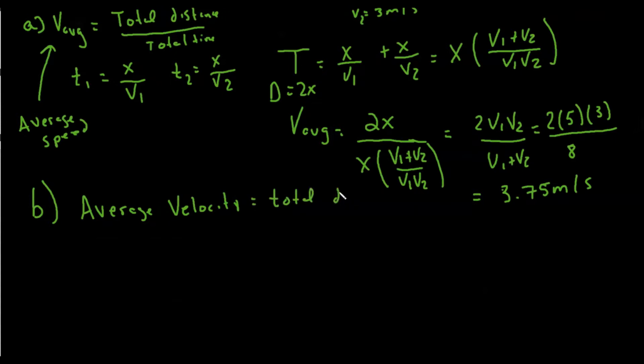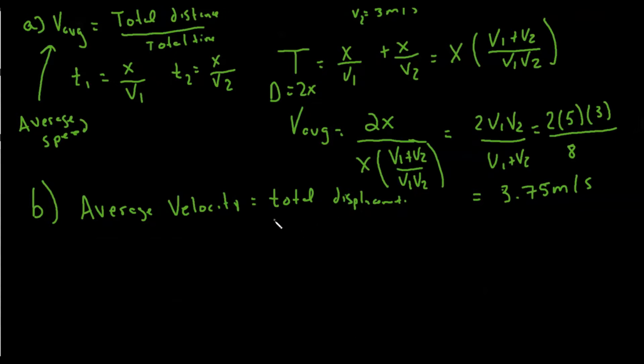So total displacement is how much was actually traveled. Like where she started at some point, she ended at another point, and then she went back to the beginning. So her total displacement in the end was just 0. She ended up back in the same spot. So that's the difference between total displacement and total distance.